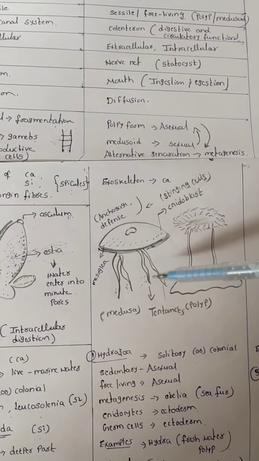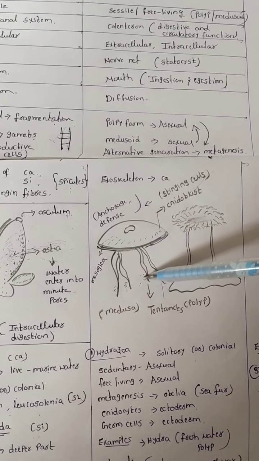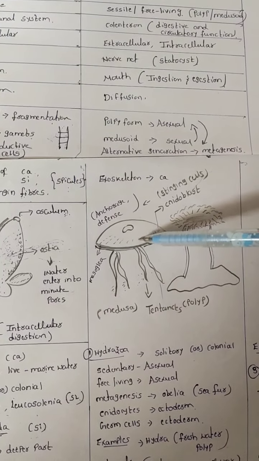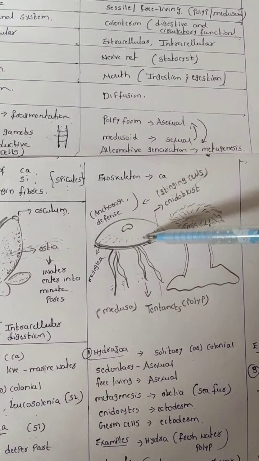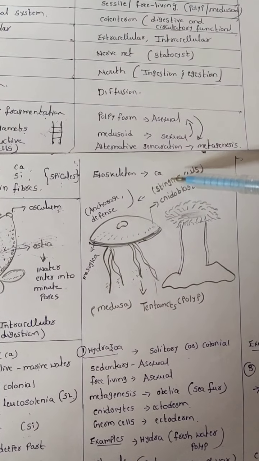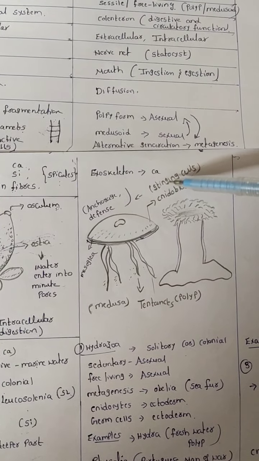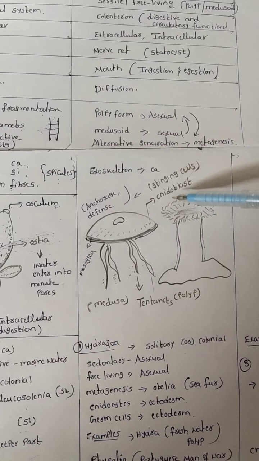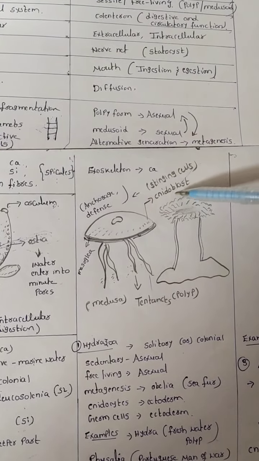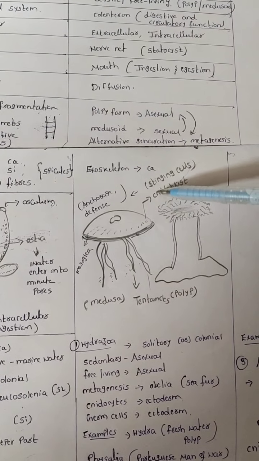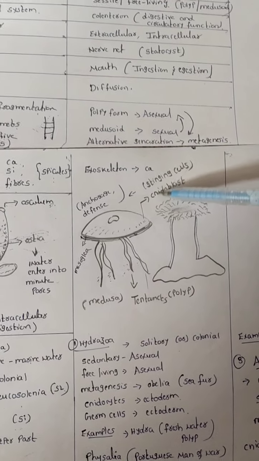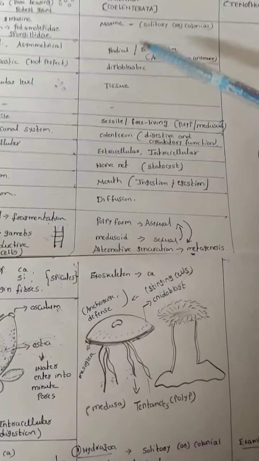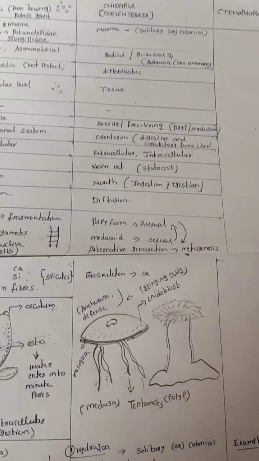On the surface of the tentacles or the body, they have specialized cells. Those specialized cells are called stinging cells. Stinging cells are scientifically called cnidoblast cells. Based upon cnidoblast cells, this phylum is called Cnidaria.